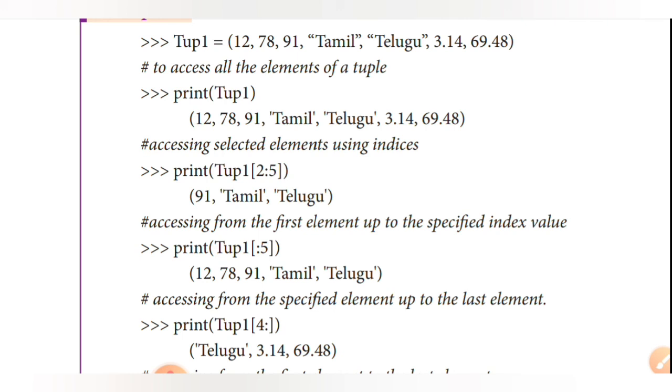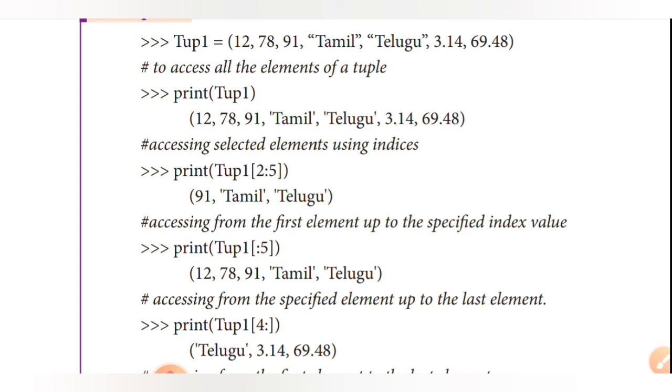Don't be confused: index values are specified within square brackets, and tuples are specified within normal parentheses. So colon 5 means it starts from index 0, 0 to 5, so 5 minus 1, that is 4. So 0 to 4: 12, 78, 91, Tamil, Telugu will be printed.